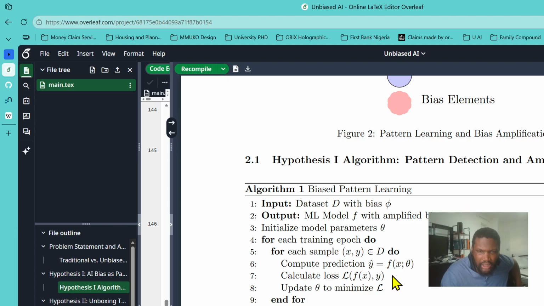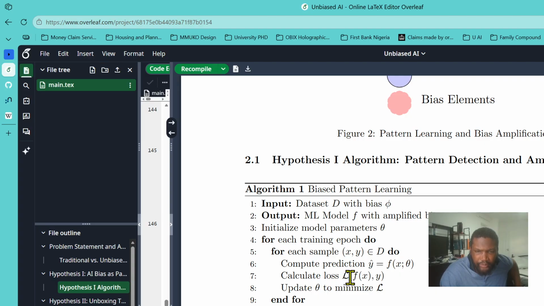That handles the kind of model that predicts... but this is for each sample x and y of an element of D: compute the prediction y equals f(x, theta).